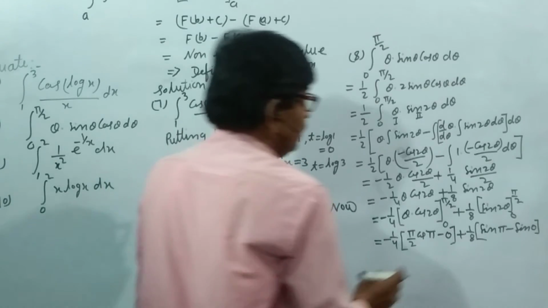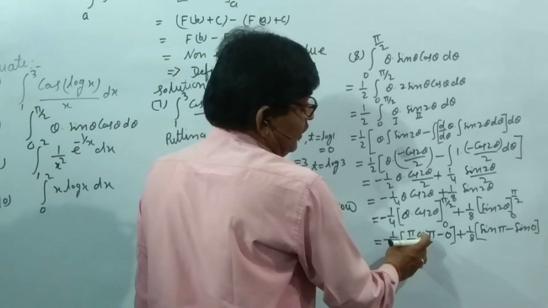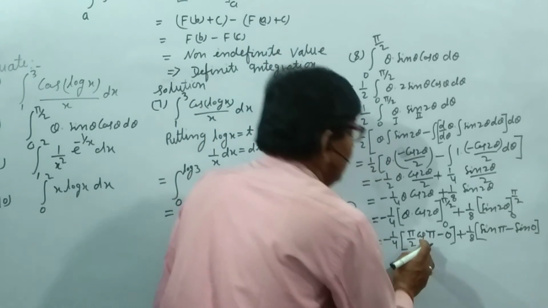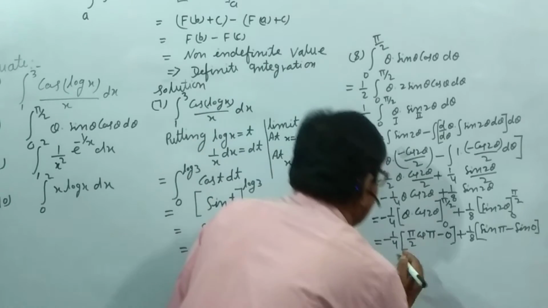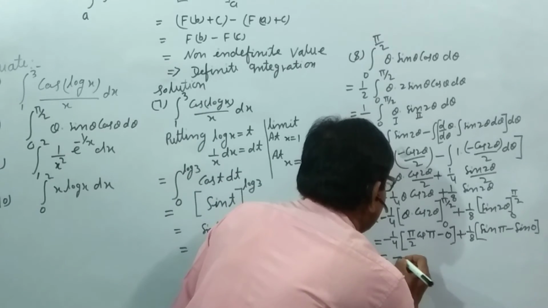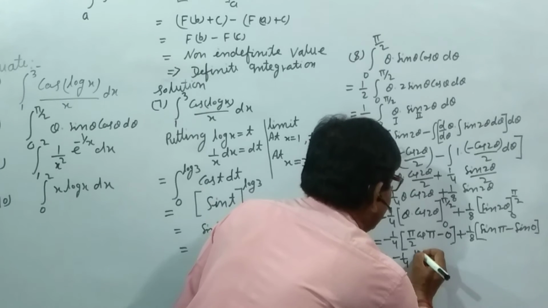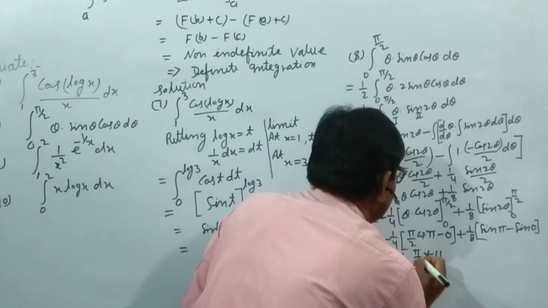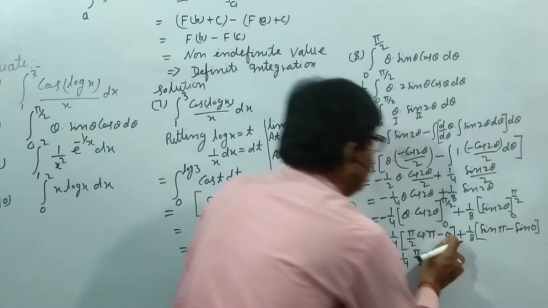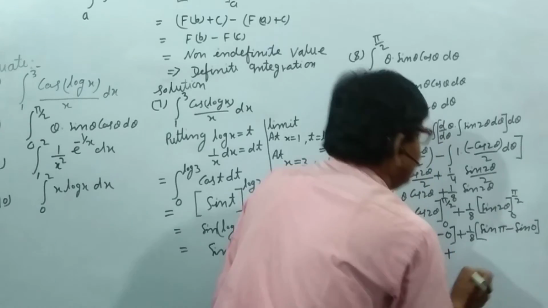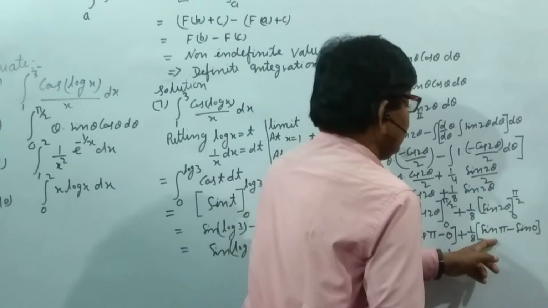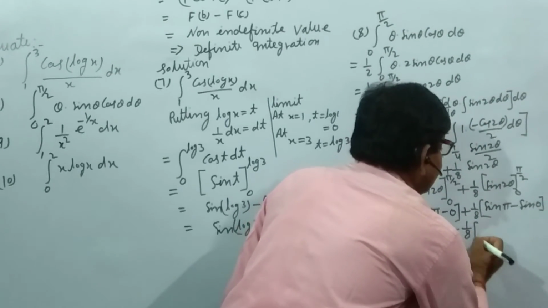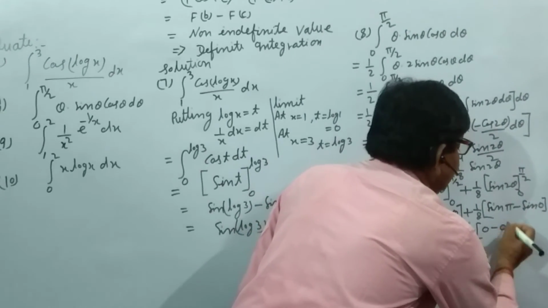Now the value of cos pi is minus 1, so minus 1 by 4 pi by 2 into minus 1, and 1 by 8 sin pi is equal to 0, and sin 0 is also equal to 0.